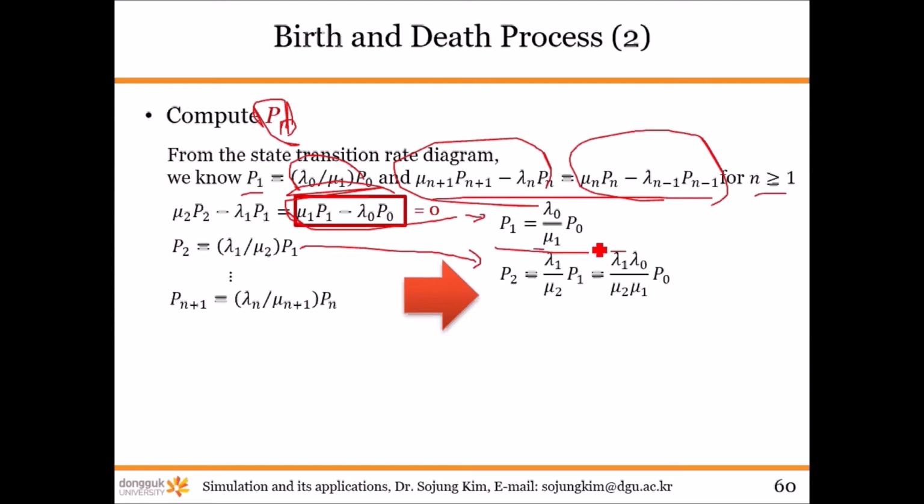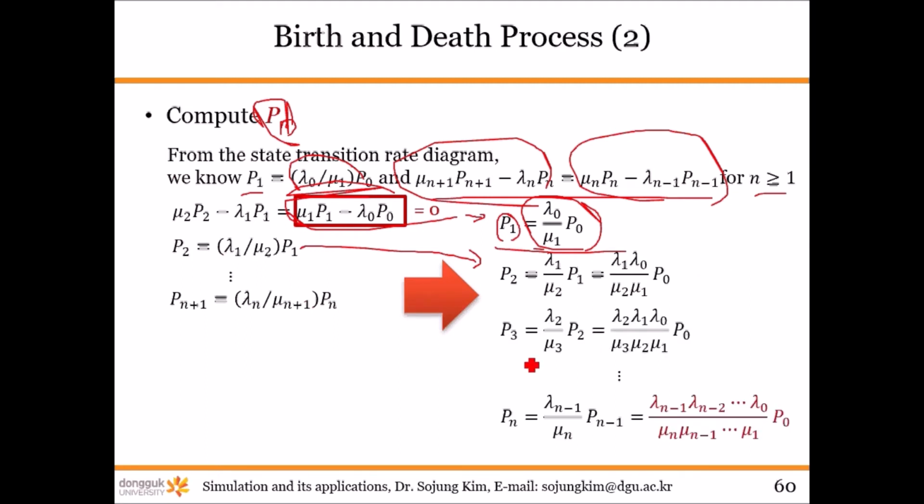Because you know the definition of P1, you eliminate P1 from the equation, and then you can do the same thing for P3 and P4 and so on until Pn, so that it will be described as a function of P0, right?